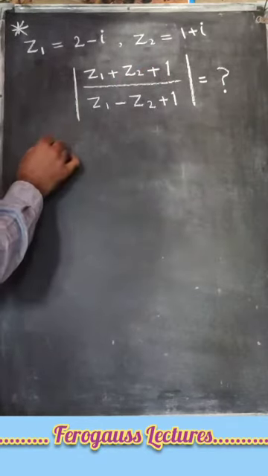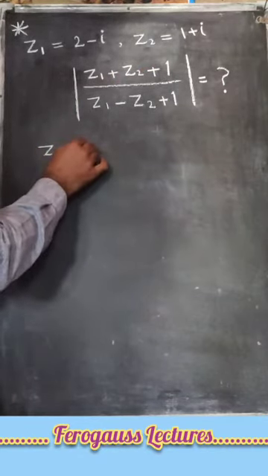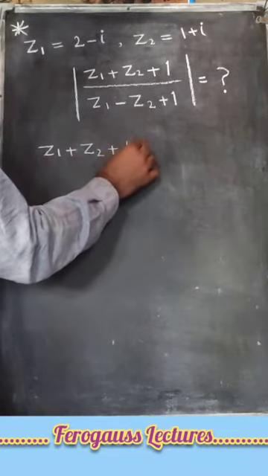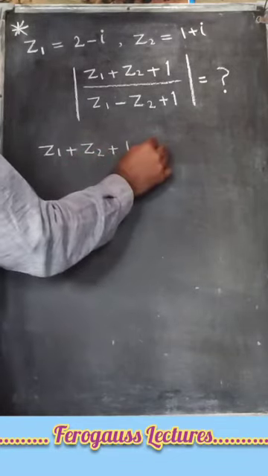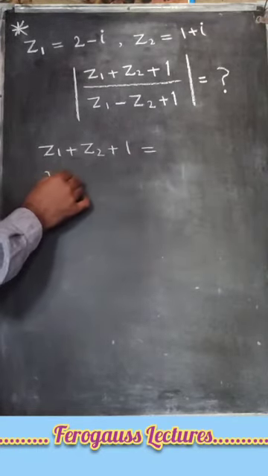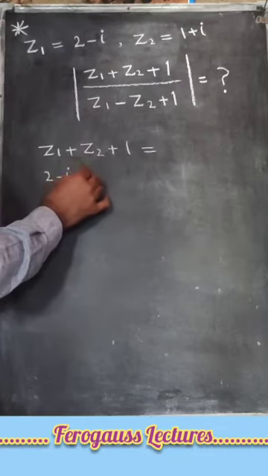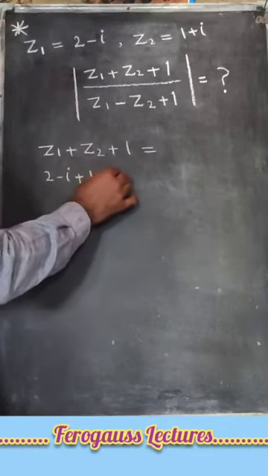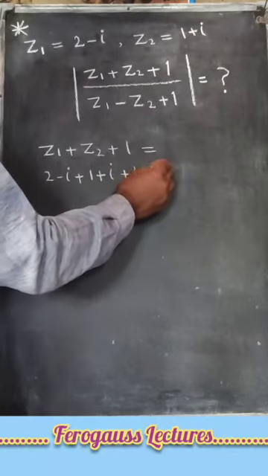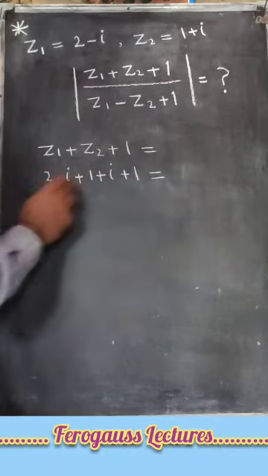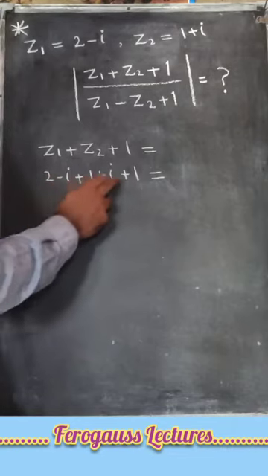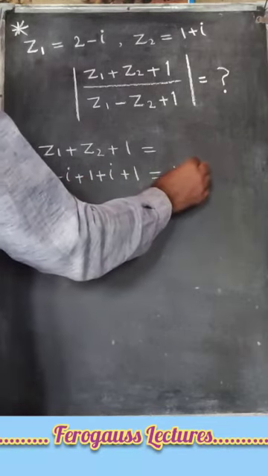So we have Z1 plus Z2 plus 1, that is equal to Z1 is 2 minus iota, then plus Z2 is 1 plus iota, then we have plus 1, which is equal to minus iota plus iota cancels, it is 2 plus 1 plus 1, that is equal to 4.